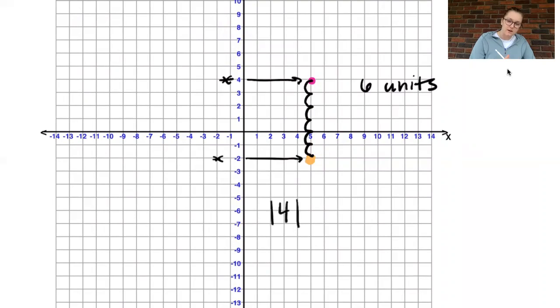The absolute value of 4 plus the absolute value of -2 will tell me that distance. The absolute value of 4 is 4, plus the absolute value of -2, which is positive 2. I know that 4 plus 2 is 6. So either way, you should get 6 units.